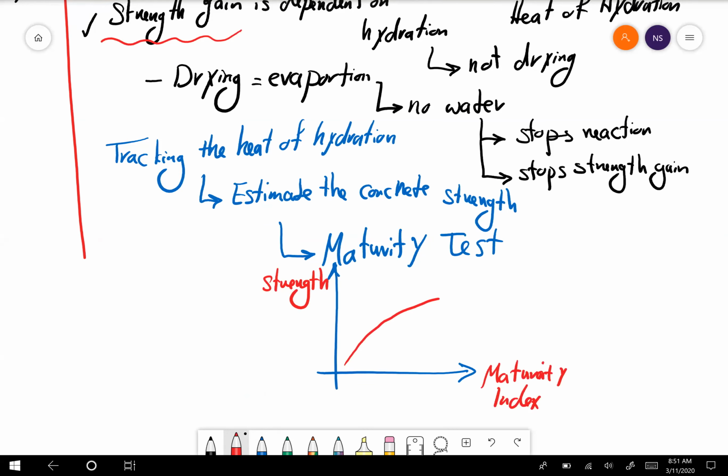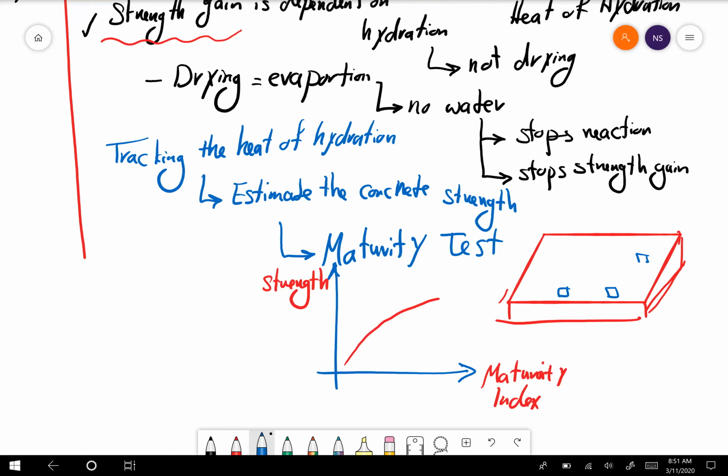And they're already implementing that in construction. When, for example, you have a big slab or a foundation in the field, they embed these sensors, and most of them are wireless, transmitting the temperature inside the concrete to a system.